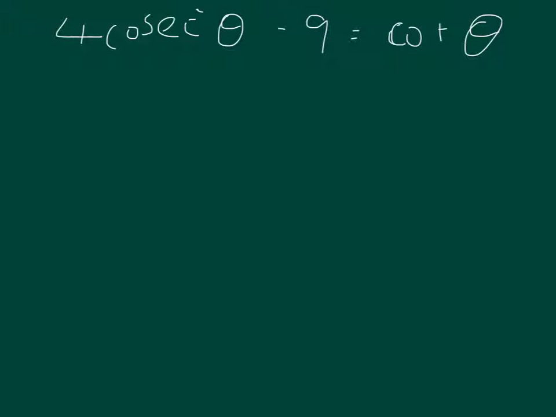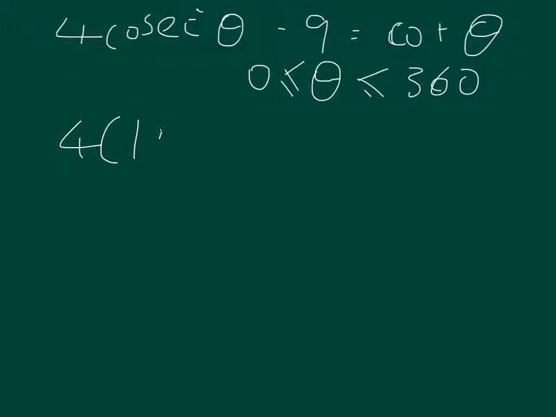Here's another example of one of these questions. 4 cosec squared theta minus 9 equals cot theta in the interval shown now. You start by taking the 4 out.